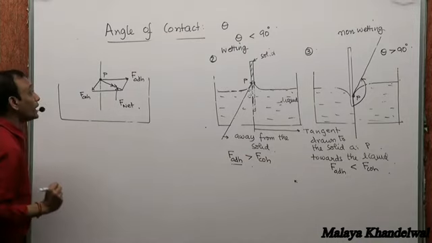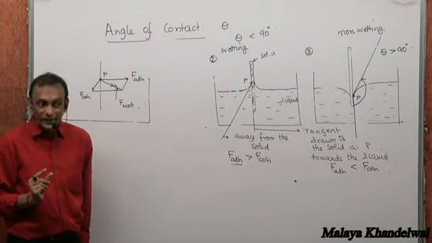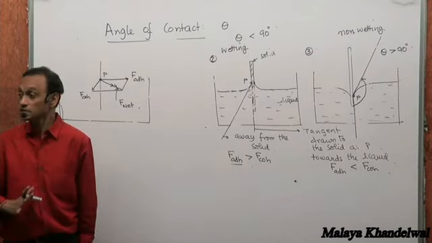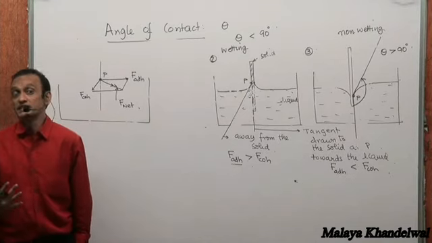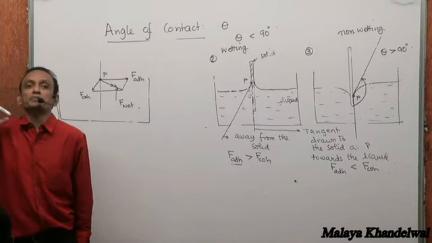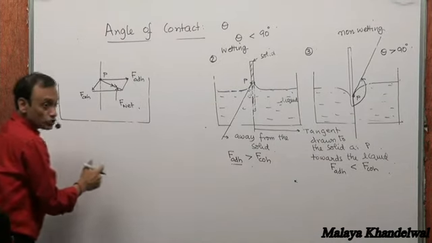Now, the net force at a point on a liquid surface is always perpendicular to the liquid surface. That's a property of liquids. That means this F net must be perpendicular to the liquid surface.